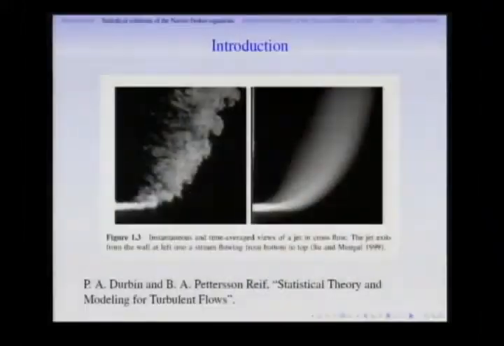So let me start with this figure, which is a good picture of the idea behind the study of statistical solutions. On the left-hand side, we have the instantaneous view of a jet in a cross-flow. We can see that it has quite irregular behavior and is also unpredictable, in the sense that if we look for a particle now, in a future time we have no idea where it's going to be.